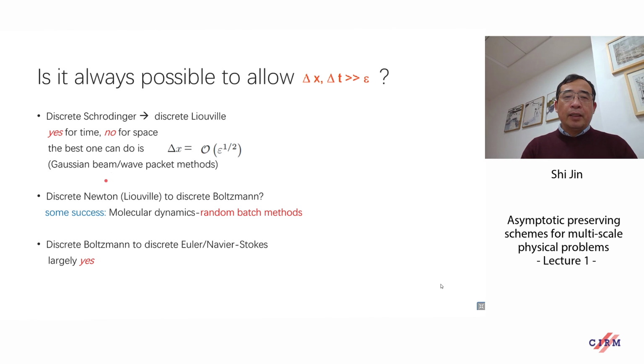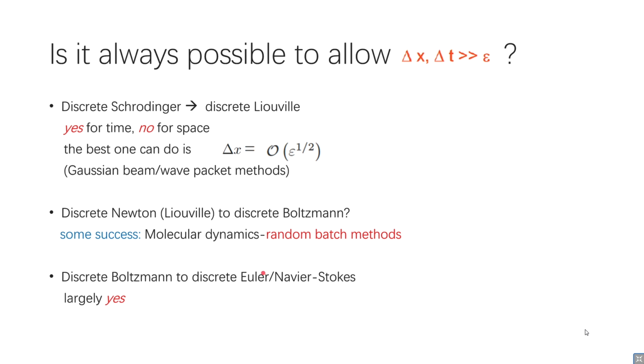Then you try to do similar things if you pass from Newton's equation to Boltzmann, when the particle number N goes to infinity. If you start with discrete Boltzmann and let the Knudsen number go to 0, you hope you end up with some kind of discrete Euler or Navier-Stokes equation.